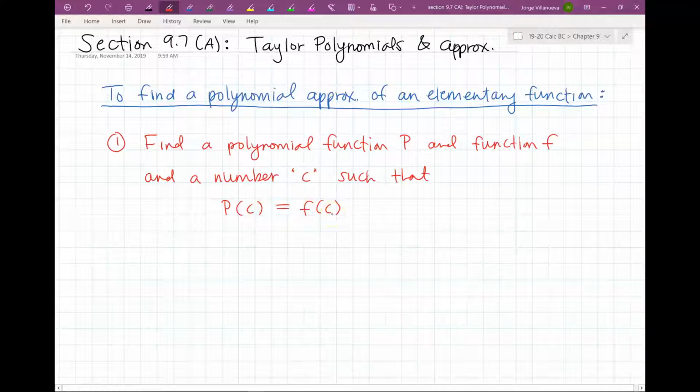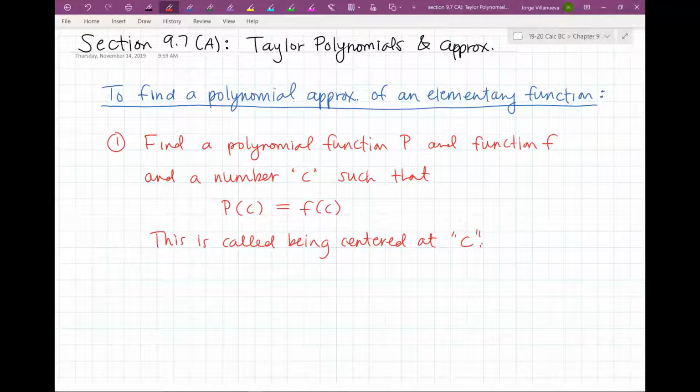Okay, this is called being centered at c. So let me put this right here. This is called being centered at c. So if you see f of -1, that means you're centered at -1.